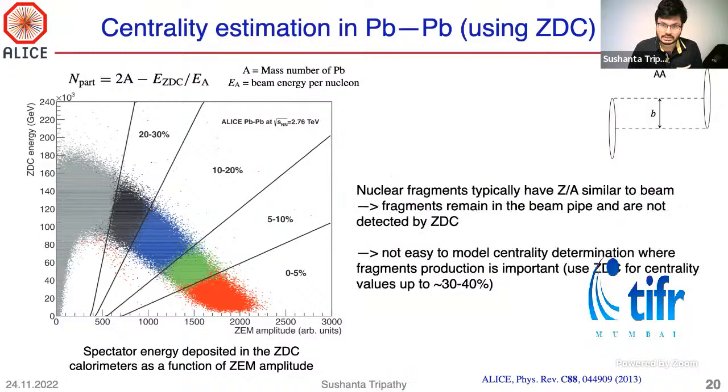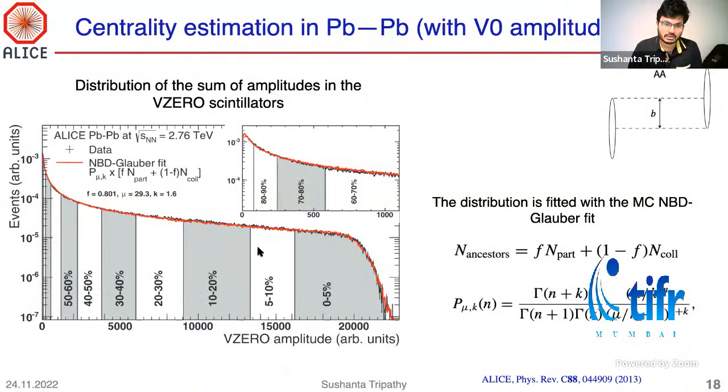As you can see, we are unable to go to the most peripheral collisions because, as you know, at LHC energy, in very peripheral collisions electromagnetic processes dominate, so it becomes very difficult to separate out the contamination from electromagnetic processes.